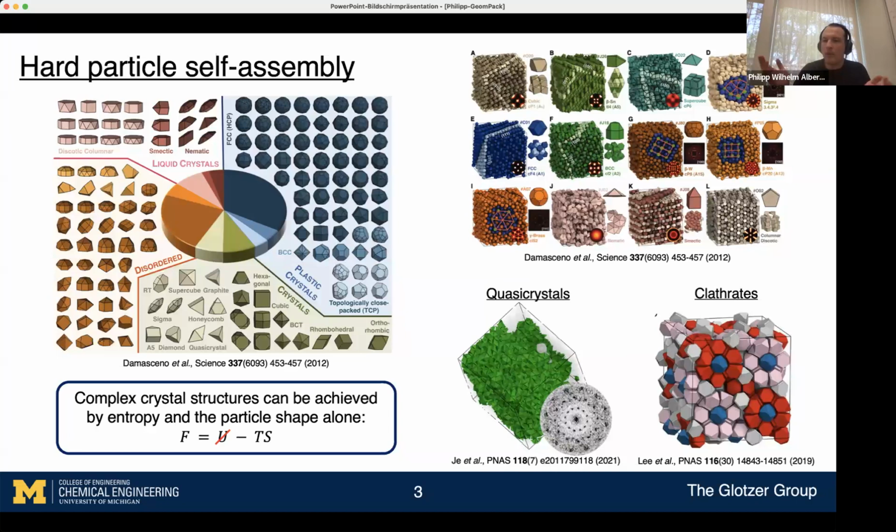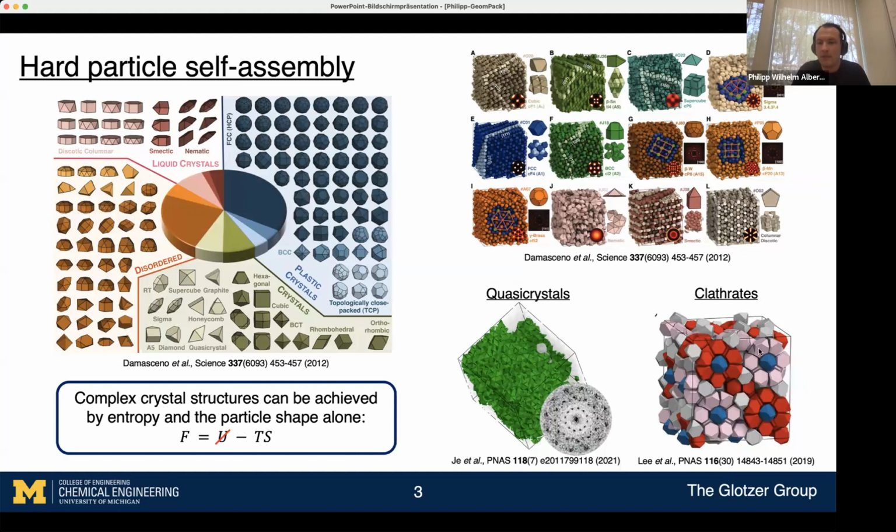And Sharon and also many others in our community have looked exactly at that aspect of just entropic self-assembly, where the particles just interact via their excluded volume, and where entropy maximization gives you the final self-assembled structure. And also here, you can generate a plethora of different crystal structures, which go from very simple crystals like FCC and HCP crystals to very complicated.